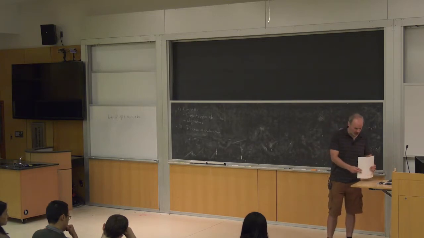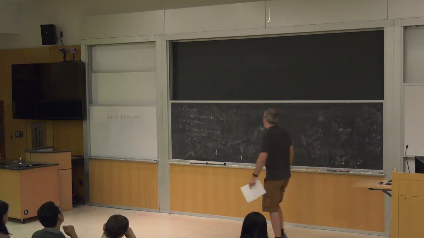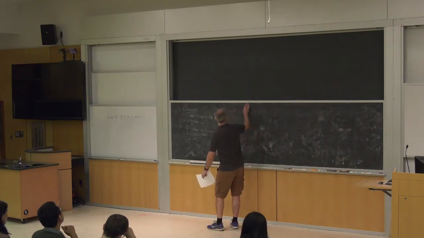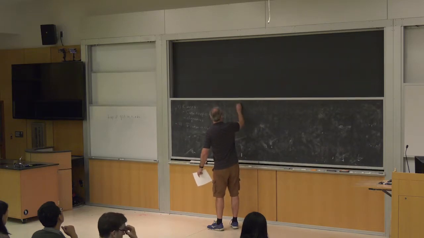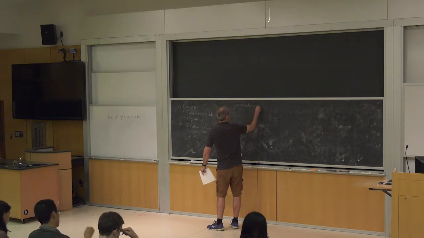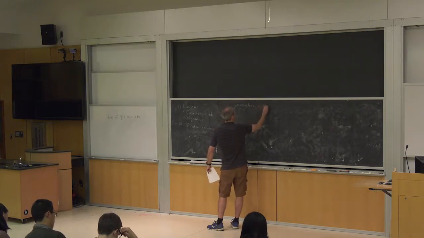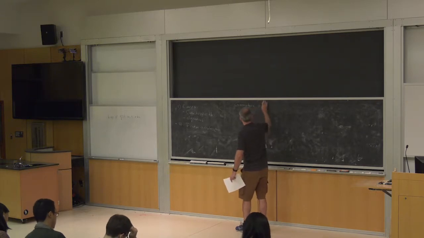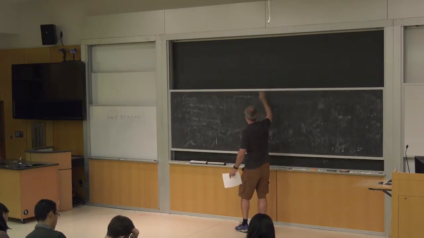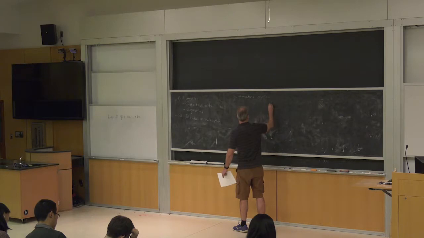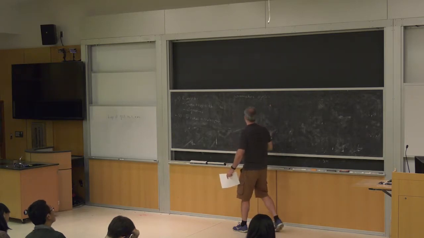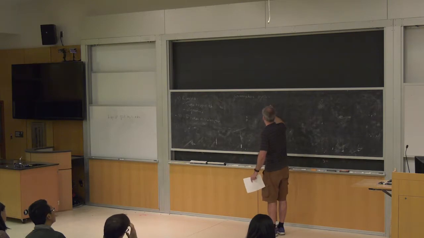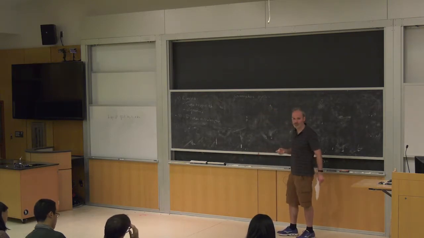So let's start from the beginning. How does geometric optics work? Suppose we have a point A where there's some sort of source, and point B where we put a detector.